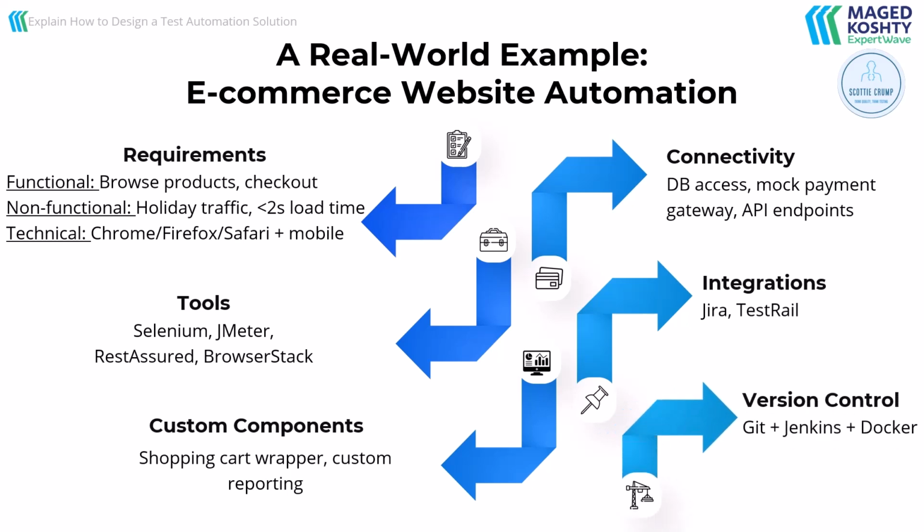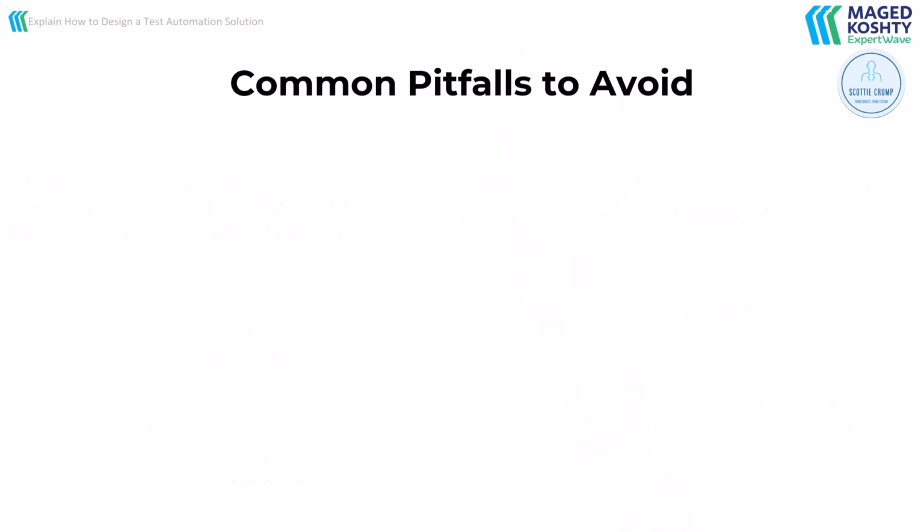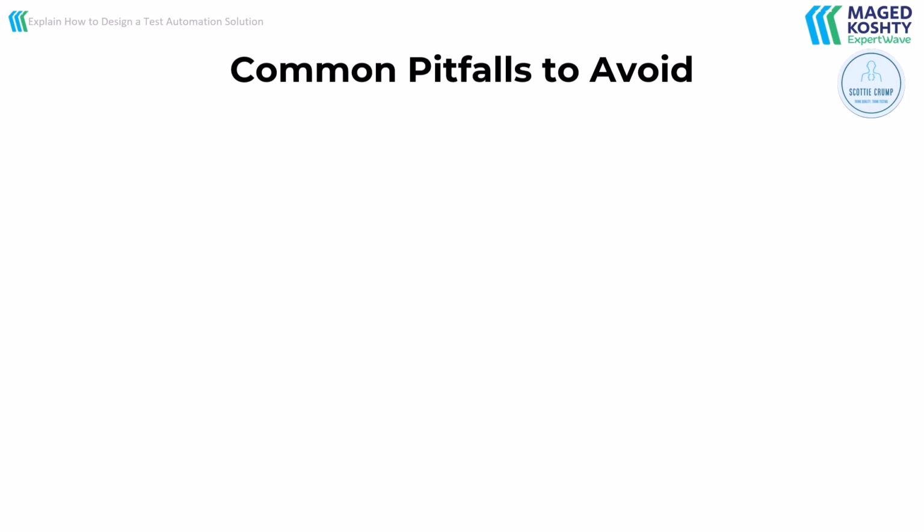Version control. Git repositories organized by test type. Jenkins for continuous integration. Docker containers for consistent test environments. With this comprehensive approach, we've designed a test automation solution that addresses all aspects of testing the e-commerce website.